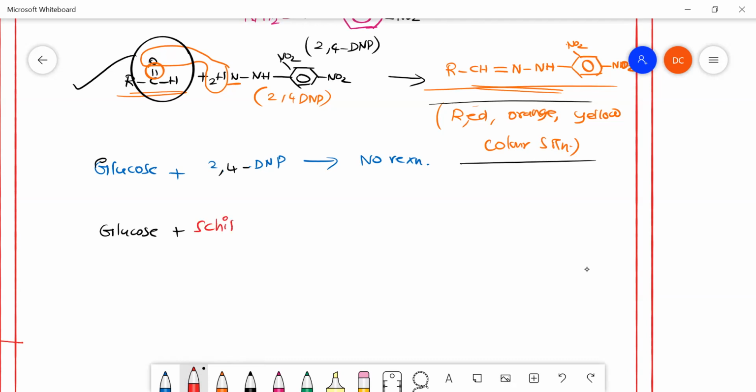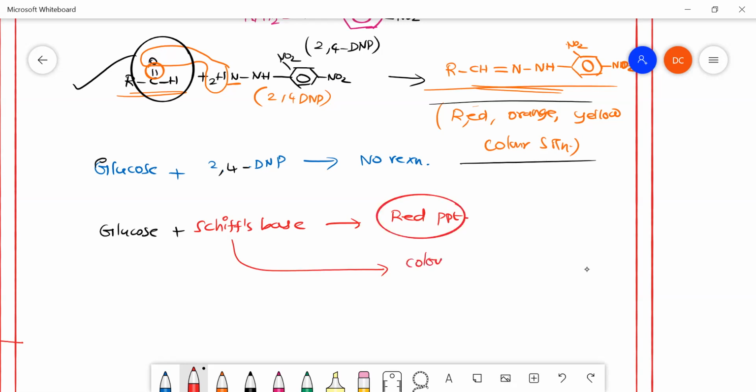Fine. Schiff's base test. When glucose reacts with Schiff's base, there should be a red precipitate. But here it forms a colorless solution. When glucose reacts with Schiff's base, it doesn't form any red precipitate.